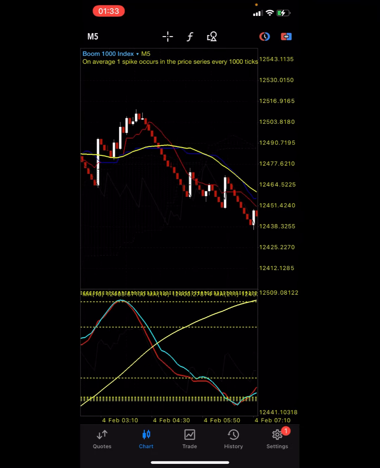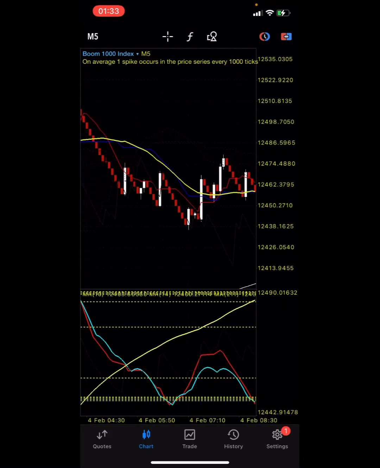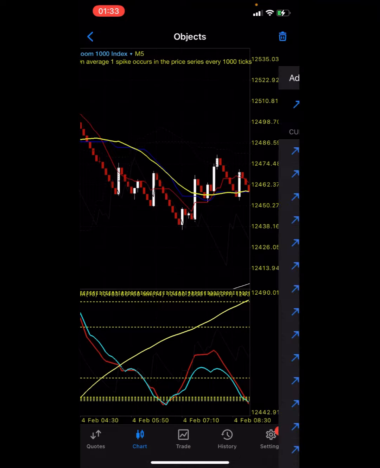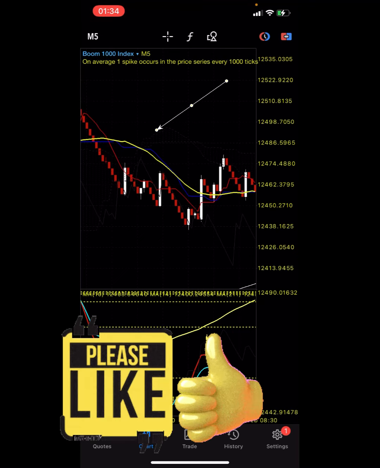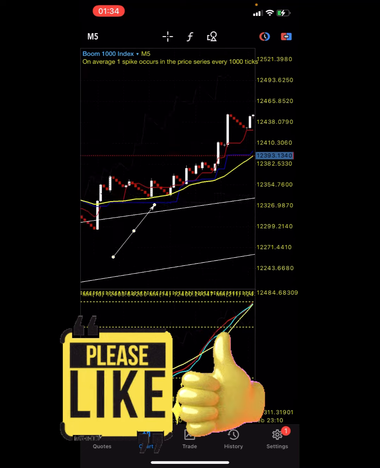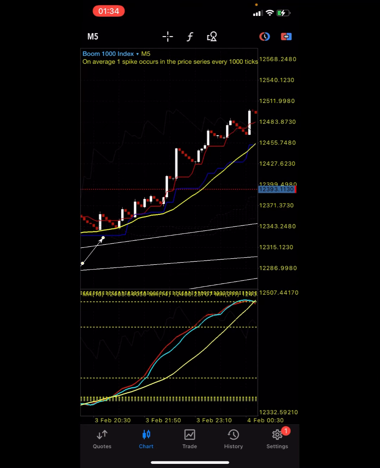All right, you can see that the Ichimoku red line is beneath, the blue line is beneath, and the moving average is above. Now you would likely not see it so many times because this market is actually in an uptrend.